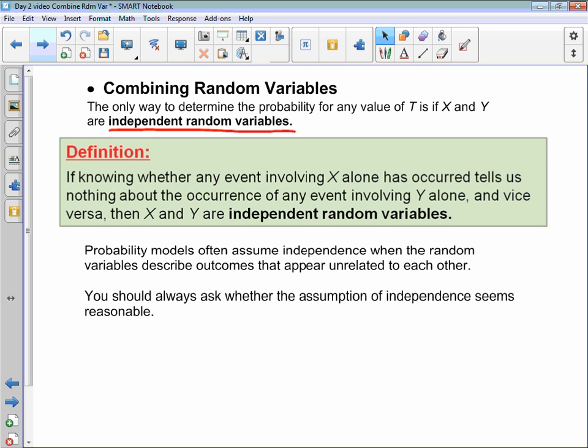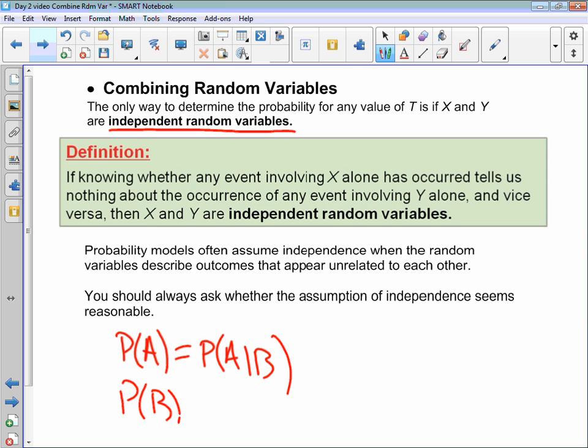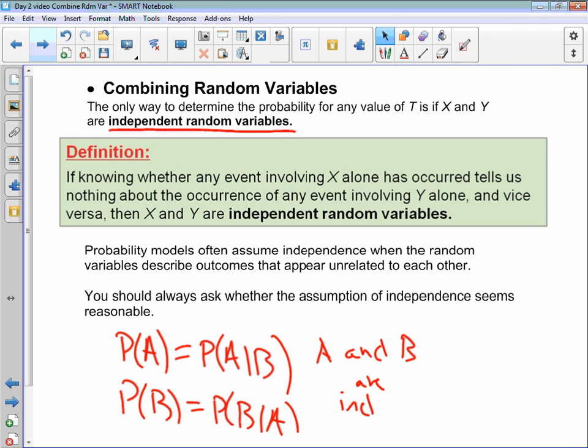Remember from last unit, our definition of independence was: the probability of A equals the probability of A given B, and the probability of B equals the probability of B given A. If these two statements are true, then A and B are independent. So that's from last unit.